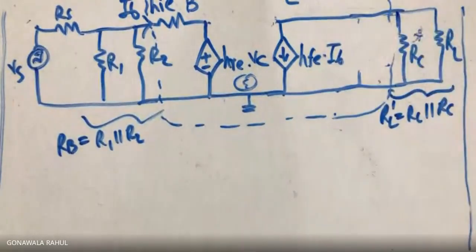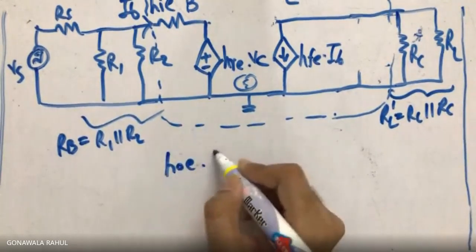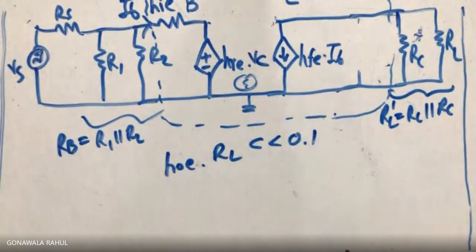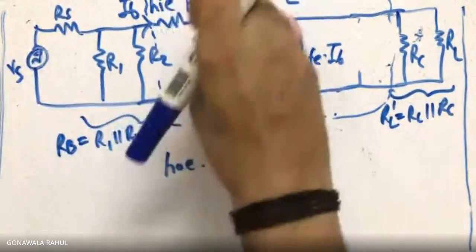Why? Because HOE into RL is less than 0.1. So we are neglecting HOE. Similarly, HRE is also very small, so we can neglect that part also.